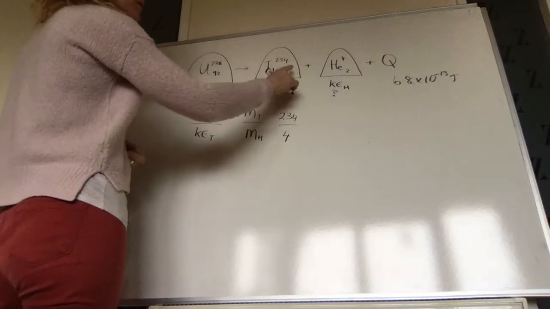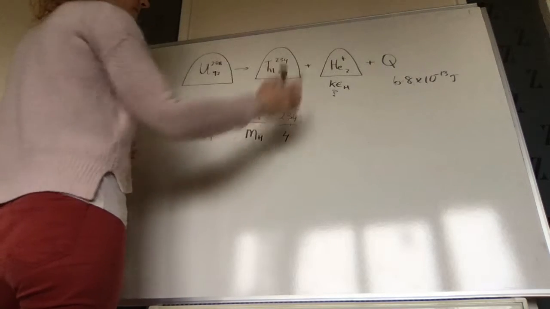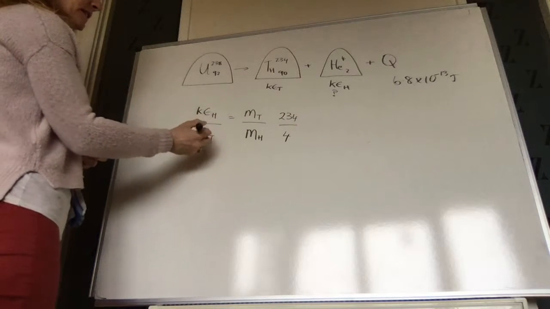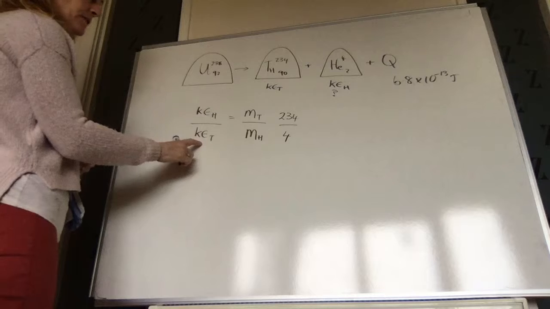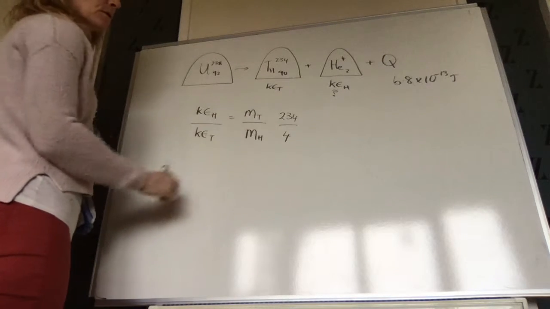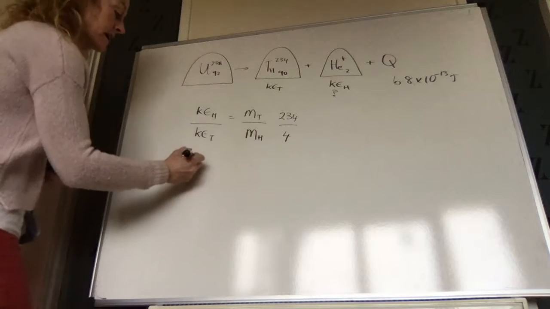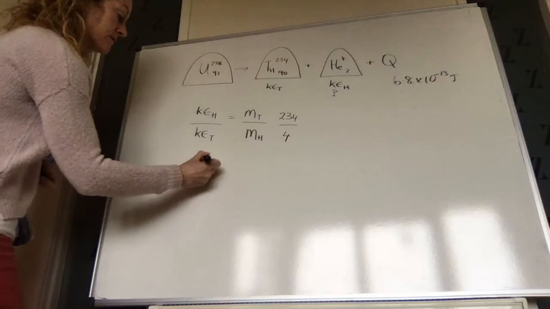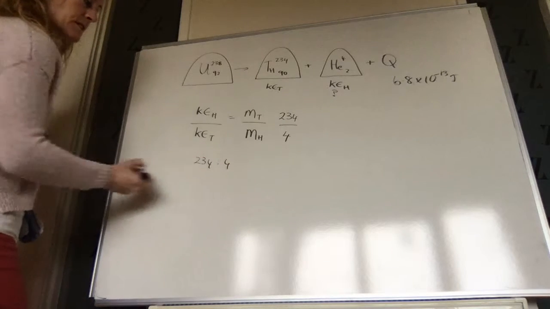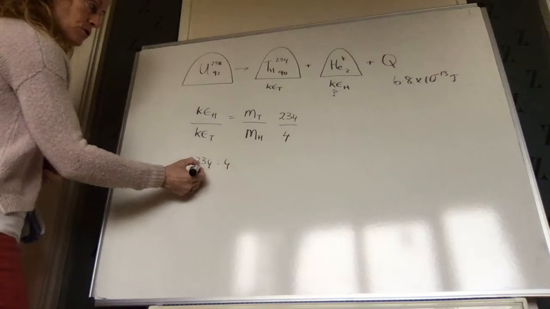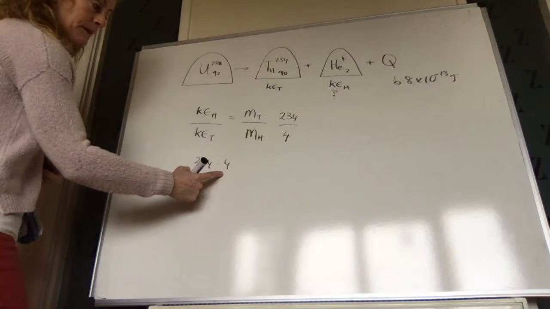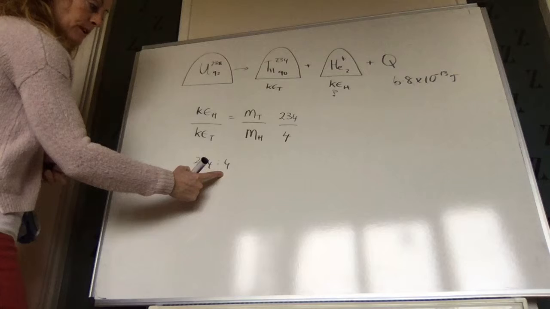So the ratio of the kinetic energies of helium to thorium is 234 is to 4. That's how the kinetic energy is divided, with that much going to the helium and that portion going to the thorium.